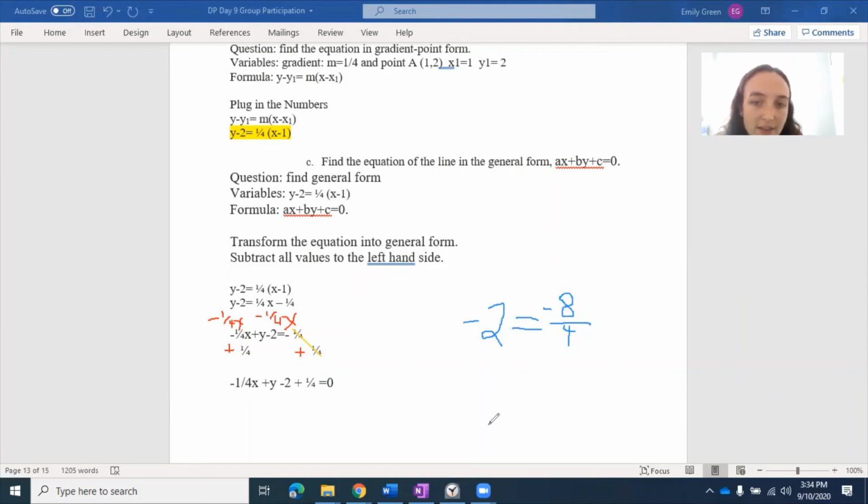We're going to take this -8/4 and add 1/4, because we got that 1/4 from here, and that equals -7/4.